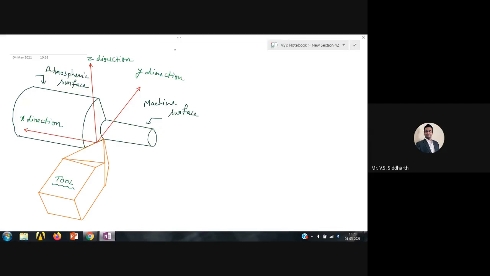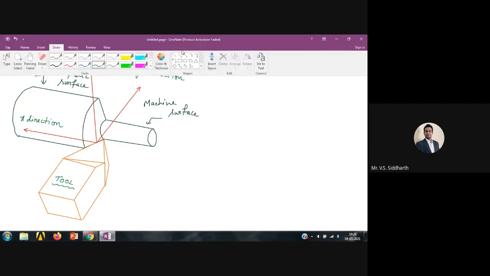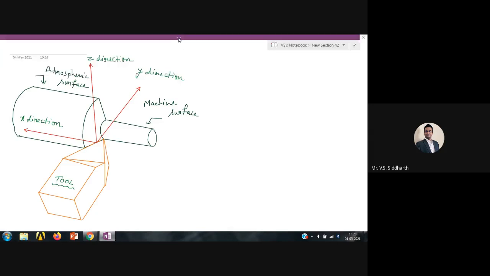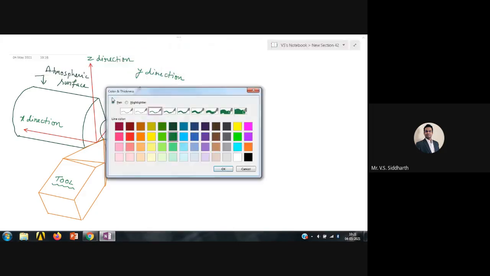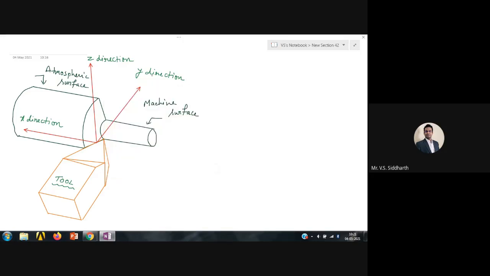Now I told you about a few forces which will be acting at the machining zone. One force was the main cutting force.